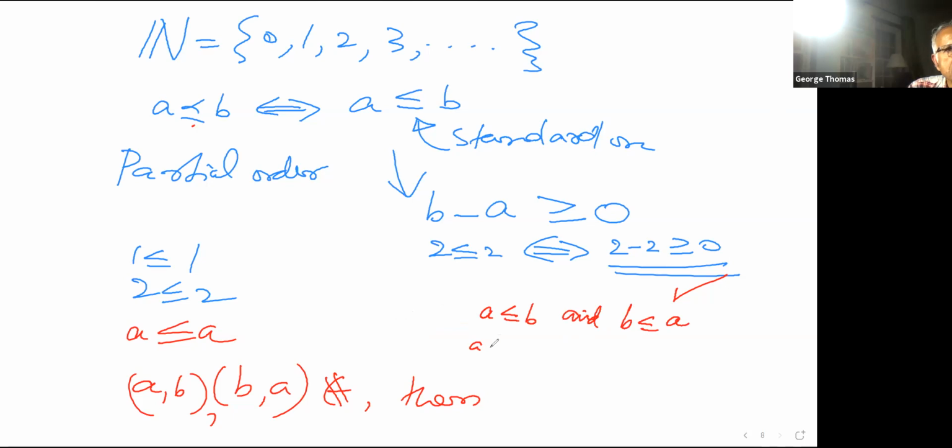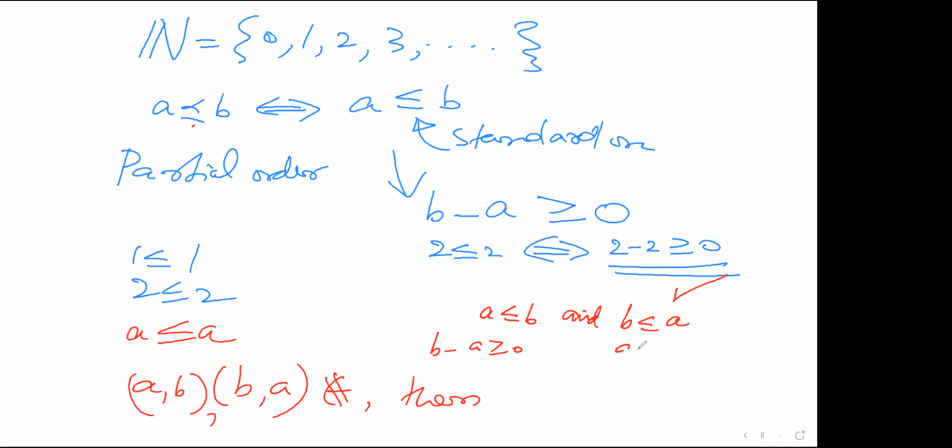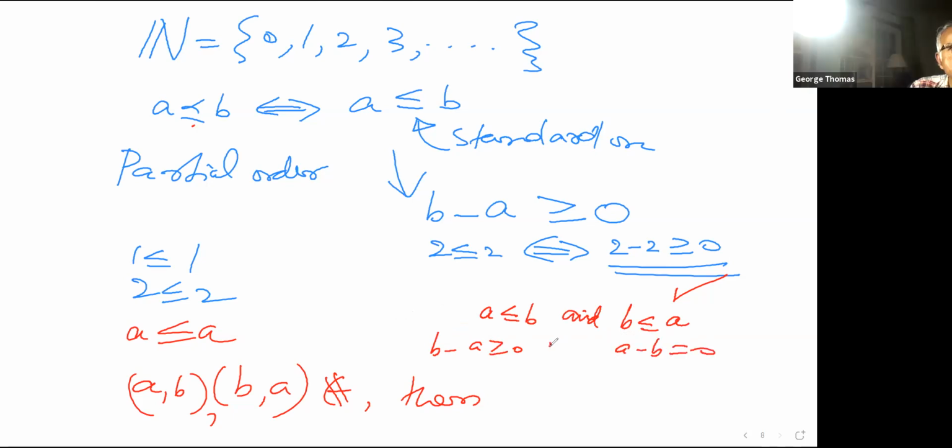This means B minus A is greater than or equal to 0. What does the other mean? A minus B is greater than or equal to 0.